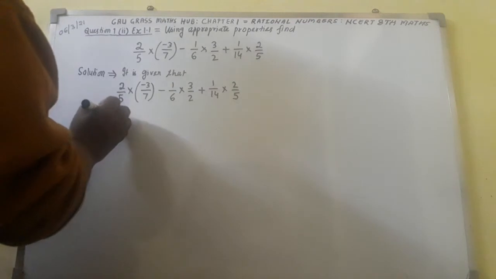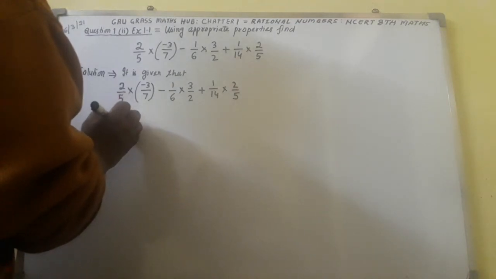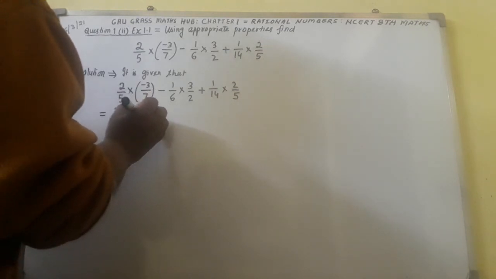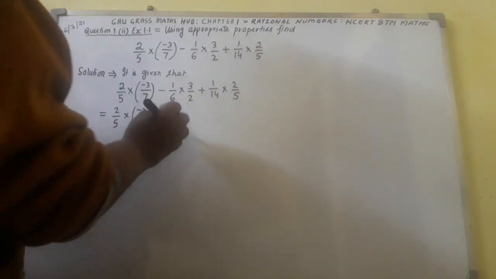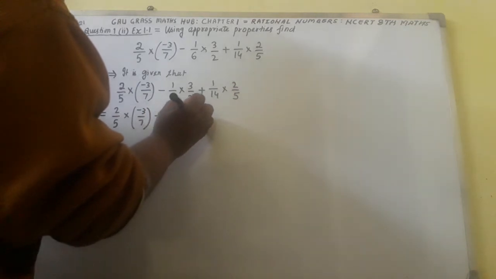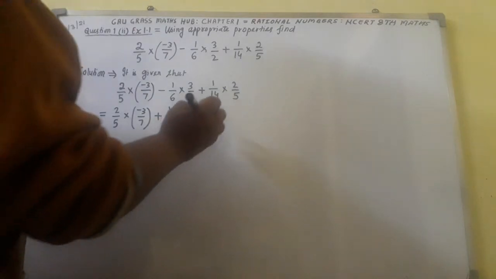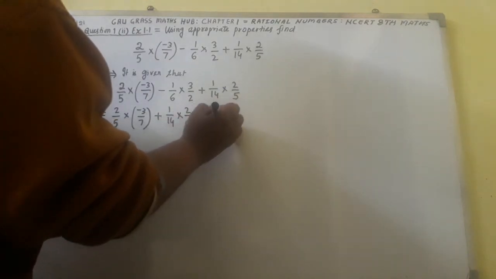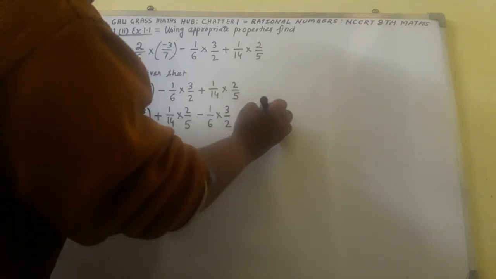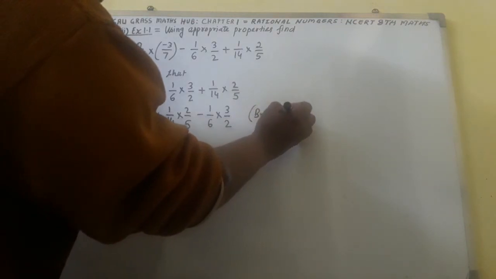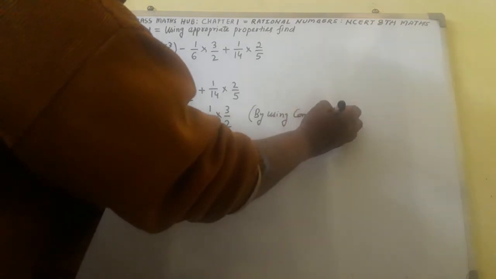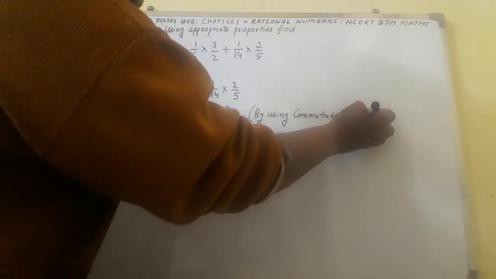So here I shall write 2 over 5 into (minus 3 over 7) plus 1 over 14 into 2 over 5 minus 1 over 6 into 3 over 2, by using the commutative law.